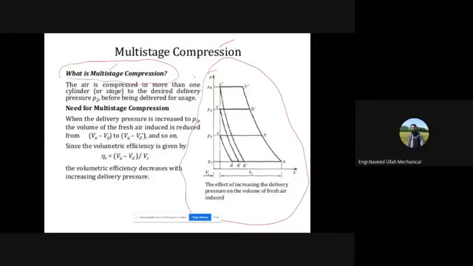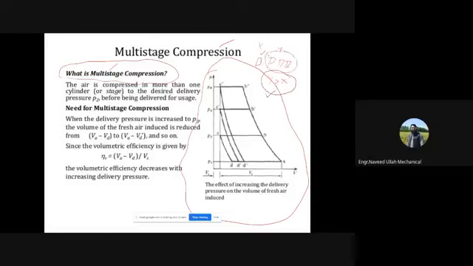So you see here that if you are using a single cylinder, it will cost you, let's say, X. And if you are using 3 cylinders, it will cost you Y. And obviously Y will be greater than X. So you are actually spending money on extra cylinders. That's it.